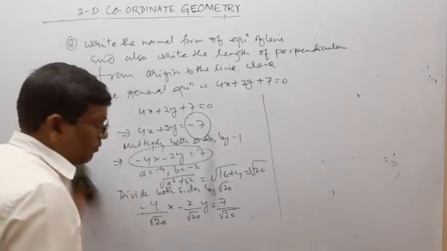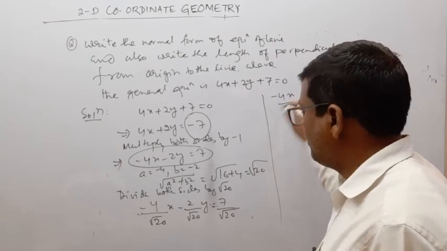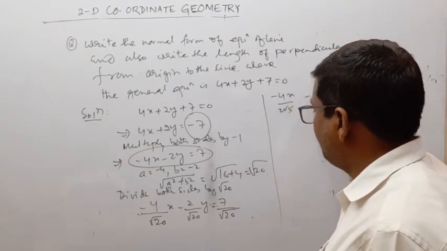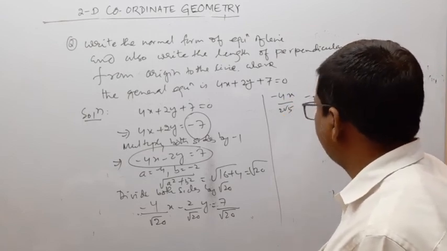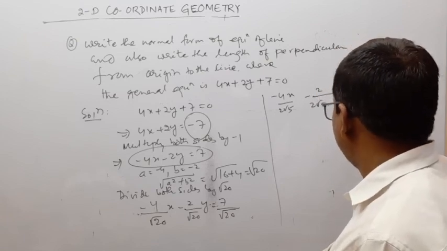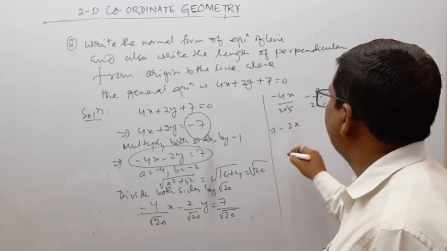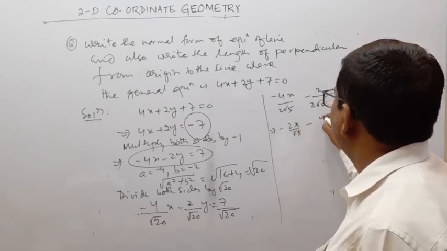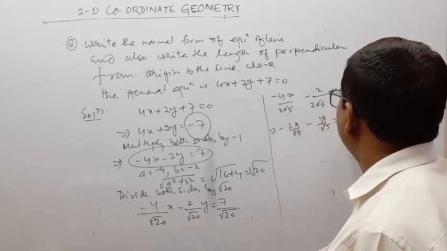Now root 20 means 2 root 5. So minus 4x by 2 root 5, minus 2 by 2 root 5 into y, equal to 7 by 2 root 5. The 2 cancels here, so minus 2x by root 5, and this 2 cancels, so y by root 5 is equal to 7 by 2 root 5.